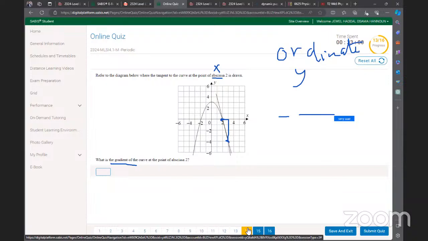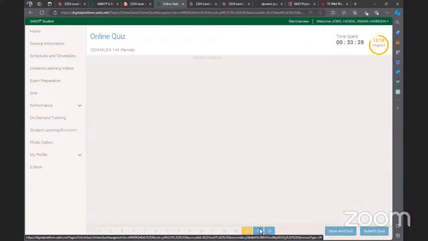And first, let's make sure each block is counting by 1. 1, 2, 3, 4. And the run is 1. Okay, next.